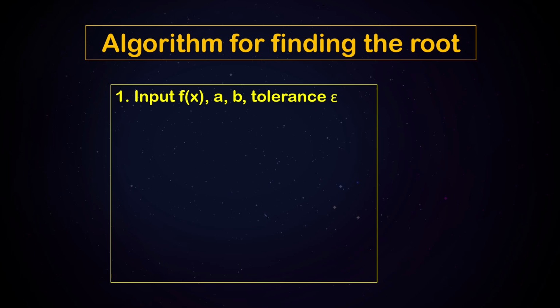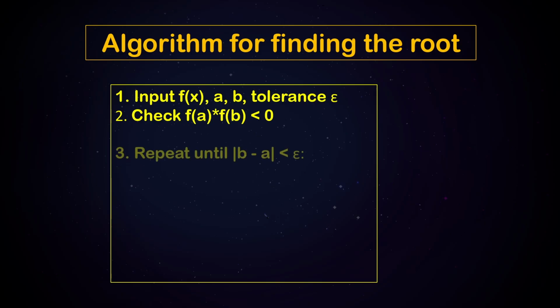That means one value gives rise to a positive value of the function, and the other gives rise to a negative value of the function. We also need a tolerance, that means an accuracy level. In any numerical calculation there must be some accuracy. Check that f(a) times f(b) is less than 0, that means they are on the two sides of the root.